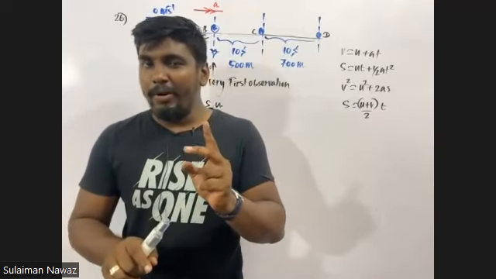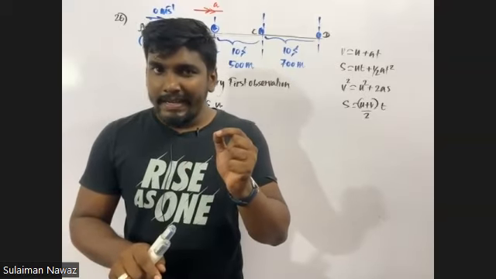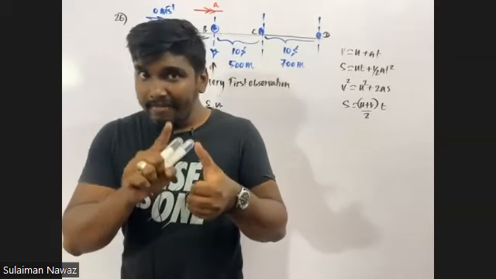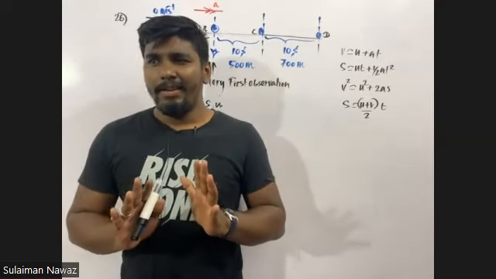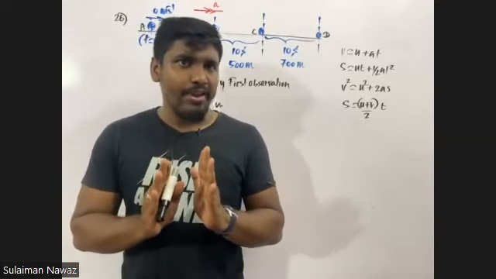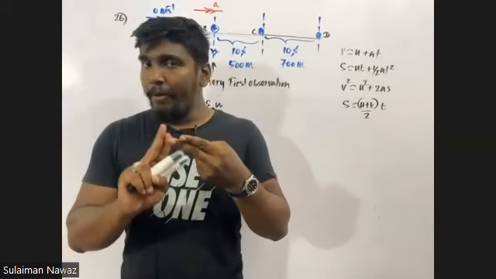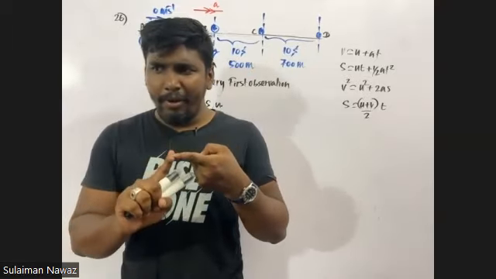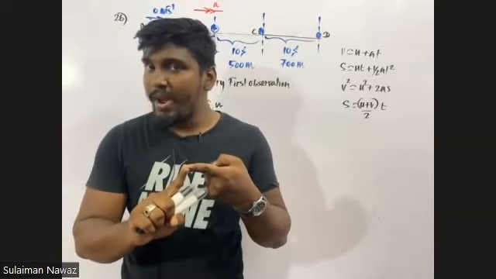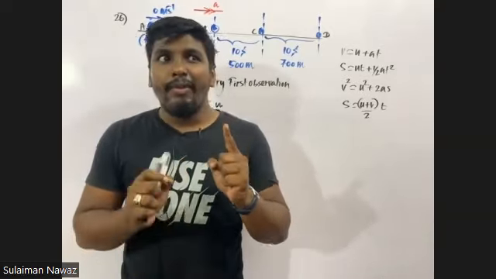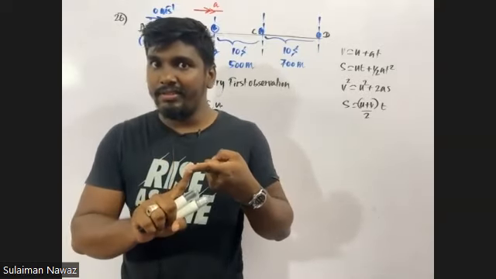But there are two critical points you want to understand. The first critical point is, what is the best possible linear motion equation? What do I mean by the best linear motion equation?